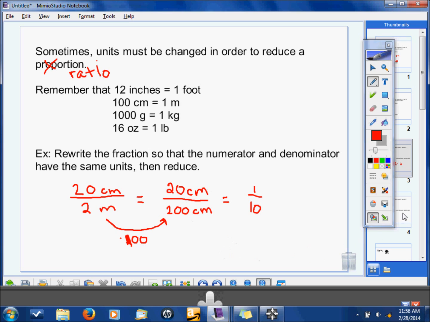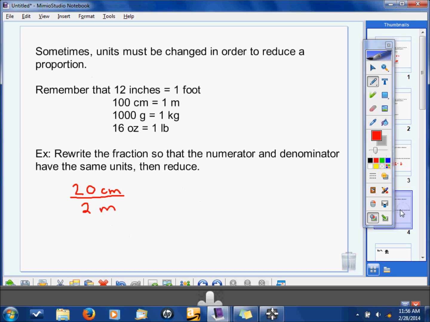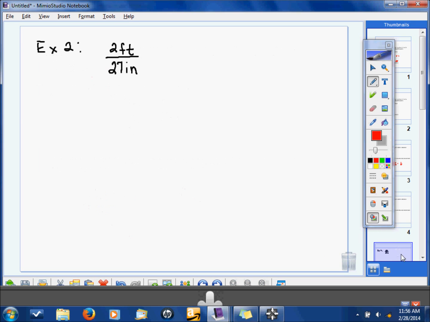All right, let me give you another example here. 2 feet and 27 inches. 2 feet to 27 inches. Now, which is smaller, feet or inches? Inches are smaller, so in this case, we want to make feet into inches.